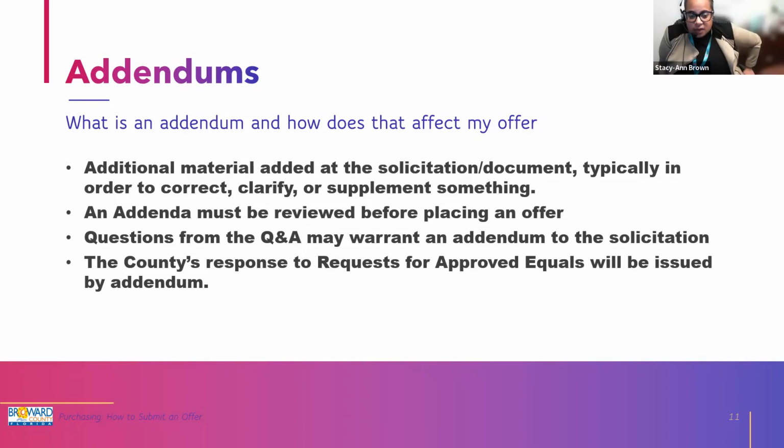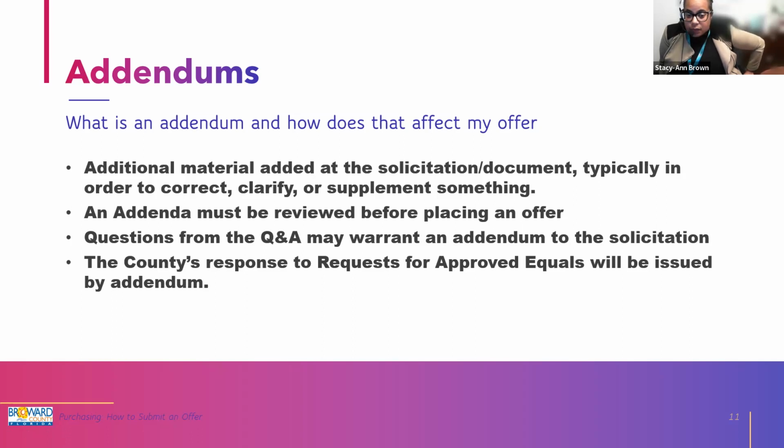So if there is an addendum that is posted to a solicitation that you're interested in, please review that addendum, and you also have to accept the addendum in order to place an offer. Some questions from the Q&A may garner an addendum as well. So keep in mind that a question may garner an addendum. So review those questions and answers and review all your addendums.